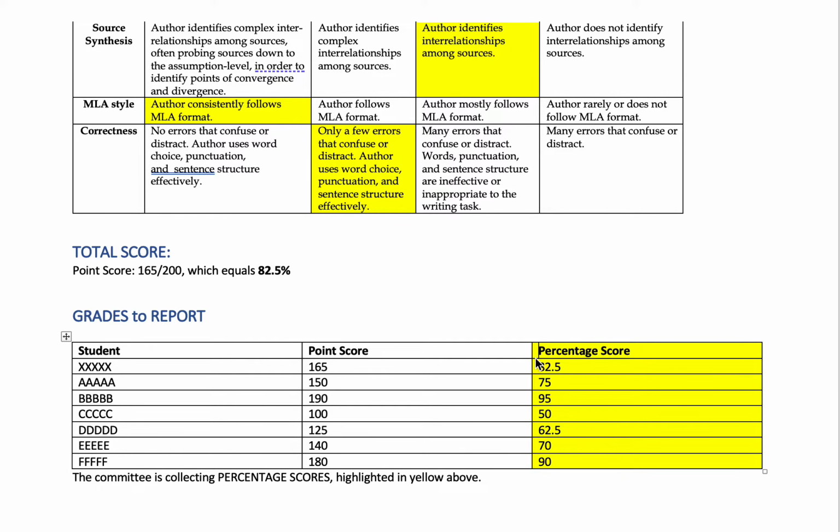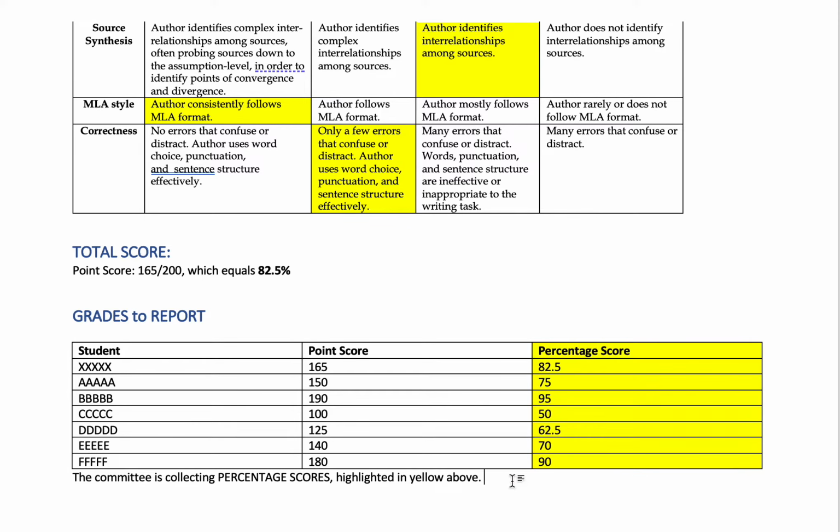And I get a percentage score for each student work. And what I would submit to the assessment committee, or whichever body will be collecting these scores for general education assessment, are the percentage scores. So I would submit to the committee these percentage scores and my own mapping. In other words, how well or how much my assignment maps to the ILO.